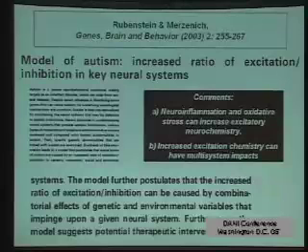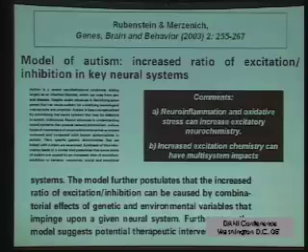Now, John Rubenstein and Mike Merzenich from UC San Francisco wrote this paper in 2003 called Model of Autism: Increased Ratio of Excitation and Inhibition in Key Neural Systems. The idea is that there's too much excitation, that's the numerator, and not enough inhibition, that's the denominator. I'll have another slide explaining that.